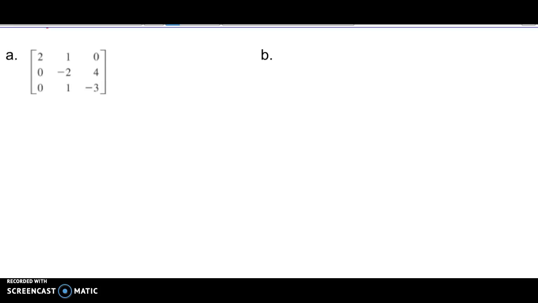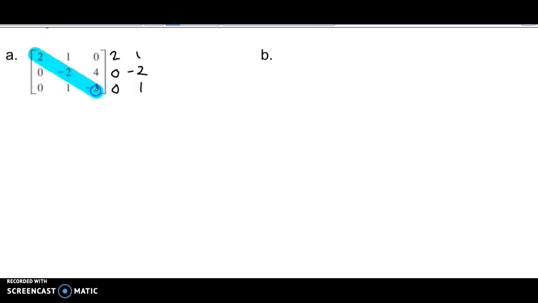So the first thing I'm going to do is rewrite the first 2 columns next to the matrix. So I'll have 2, 0, 0, 1, negative 2, 1. Then I'm going to highlight in blue, starting from the top first diagonal, which is at 2.